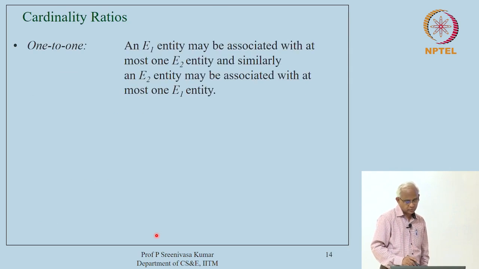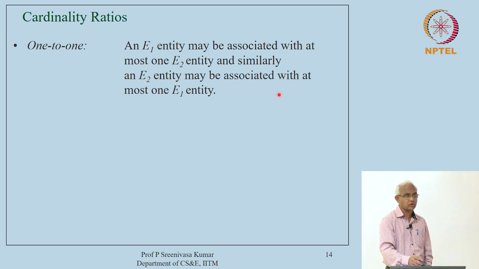1 to 1 means an entity E1 may be associated with at most one entity E2. Remember that we are talking about the maximum number of entities it might be associated with. Similarly, an E2 entity may be associated with at most one E1 entity.